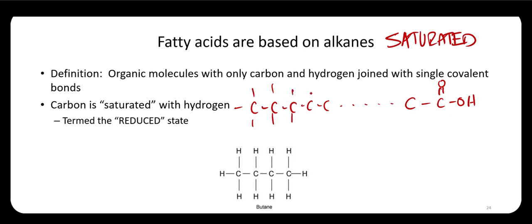And I can have my hydrogens and everything. And if I have all single bonds, we call that saturated. So think of it as saturated in hydrogen. I have no double bonds left that I can open up and add another hydrogen.